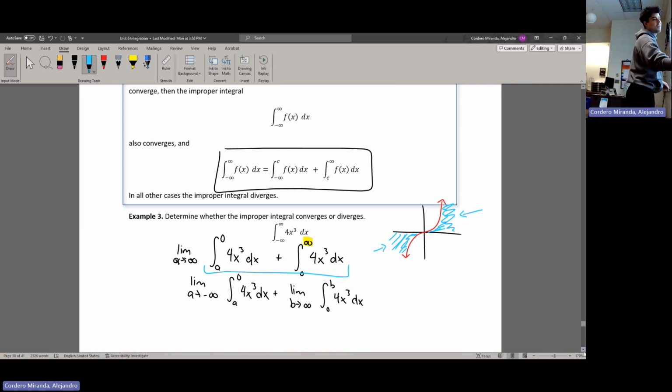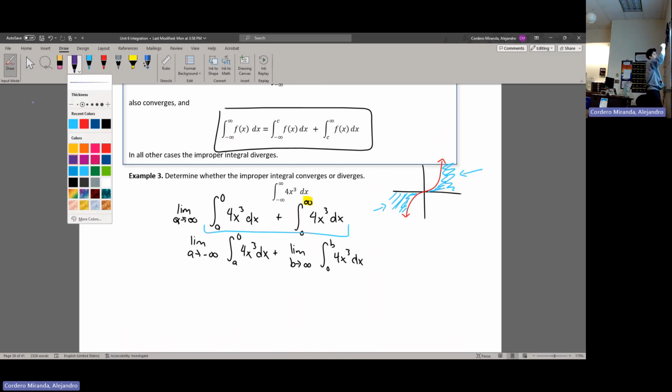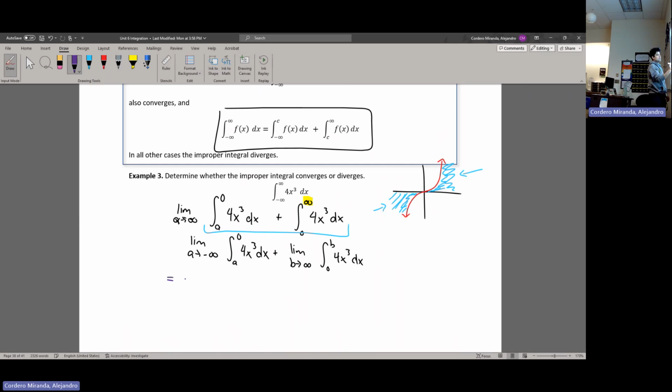So watch this. Take the integral of the first part for now. That's going to be the limit as a goes to negative infinity of the integral from a to 0 of 4x cubed dx. Here's me taking the antiderivative.